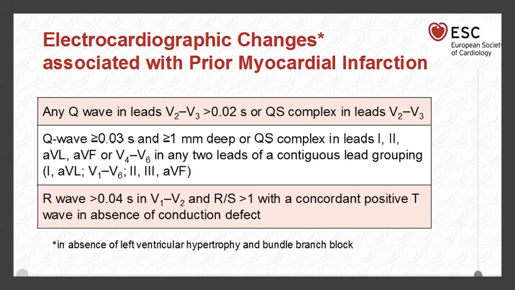And then you can have an R wave of more than 0.04 in V1 and V2, and an R/S ratio of more than 1 with a concordant positive T wave in the absence of conduction abnormalities. So like we said, in LVH or a bundle branch block.